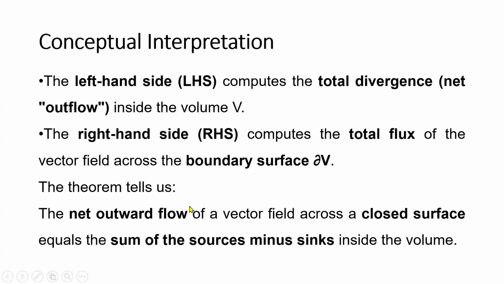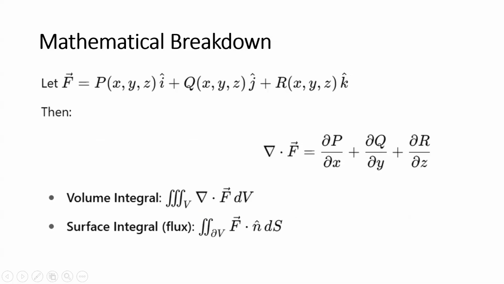Next, the mathematical breakdown. F can be written as P(X, Y, Z) i cap, Q is also a function of X, Y, Z with j cap, and R is also a function of X, Y, Z with k cap.